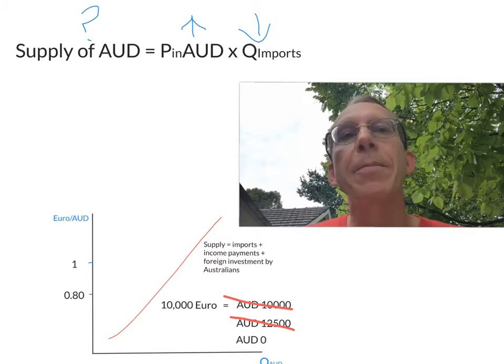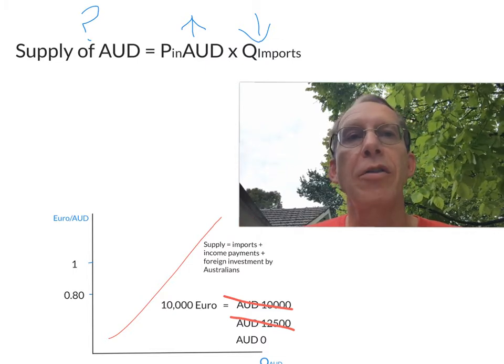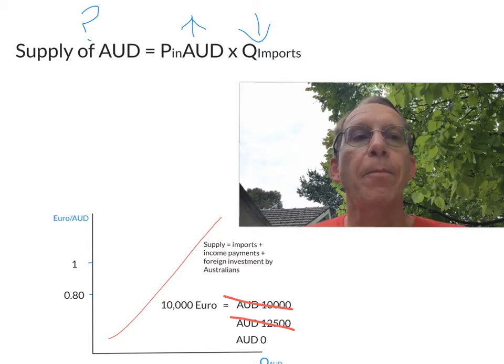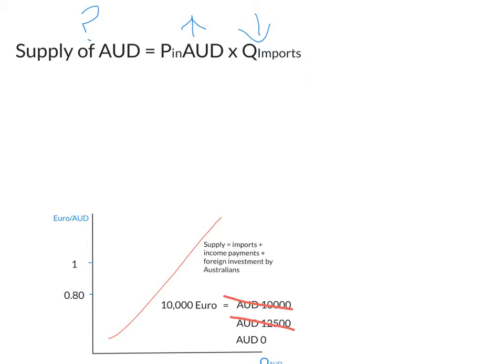Fortunately, we can make an assumption that will make sure the supply curve goes the right direction. As we saw in our example with the car, the supply curve will go the right way if the quantity effect is big relative to the price effect in Australian dollars. What do we mean by that?